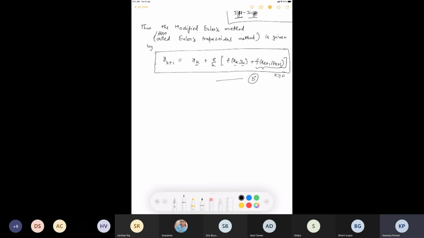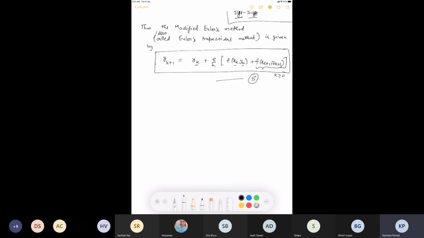And f is a given function; it can be linear, non-linear, whatever. So you have to evaluate f at (x_{k+1}, y_{k+1}) as well, and then solve this equation. Euler's method, which we have seen before, explicitly gave you y_{k+1} in terms of y_k. But here this is an implicit relation.